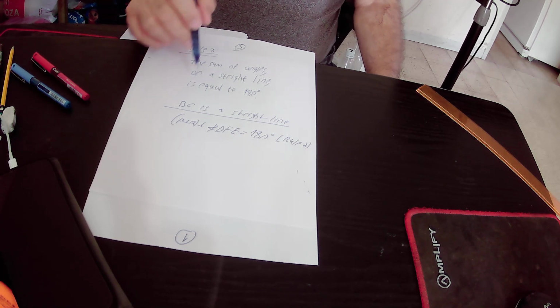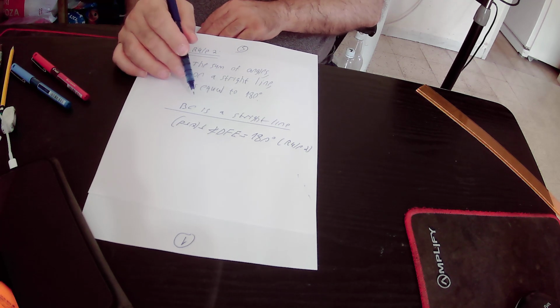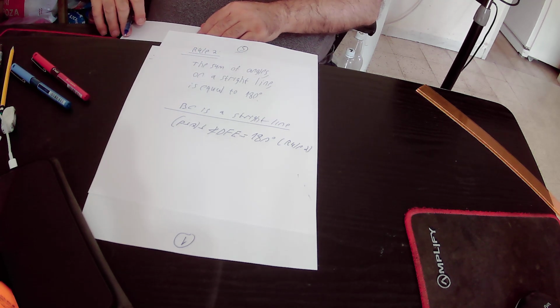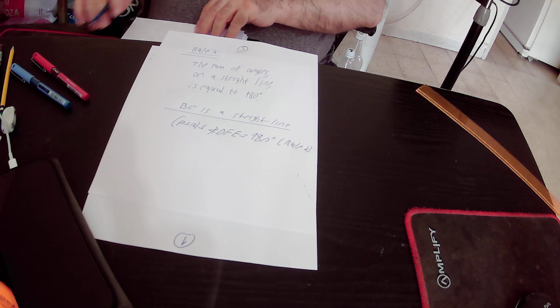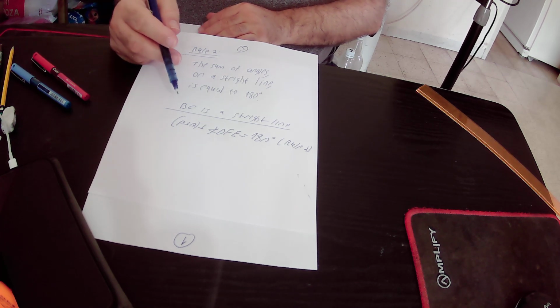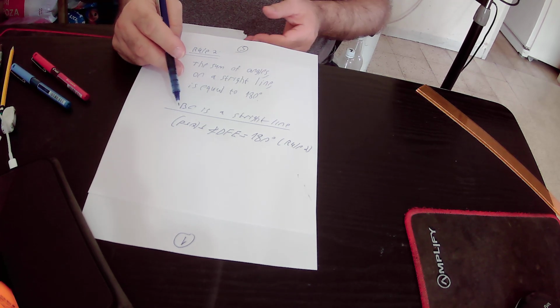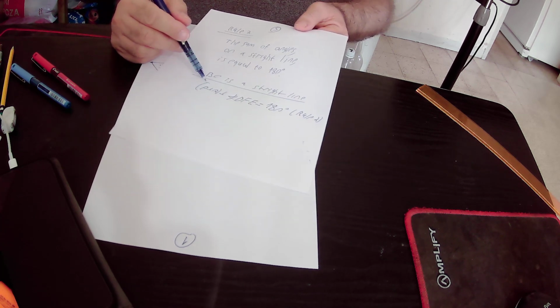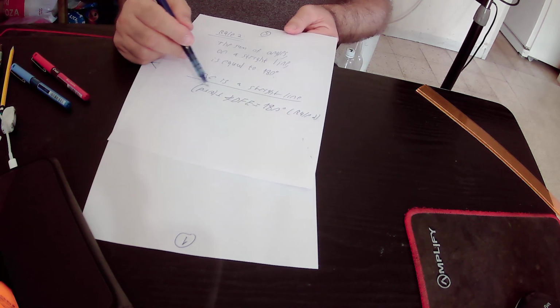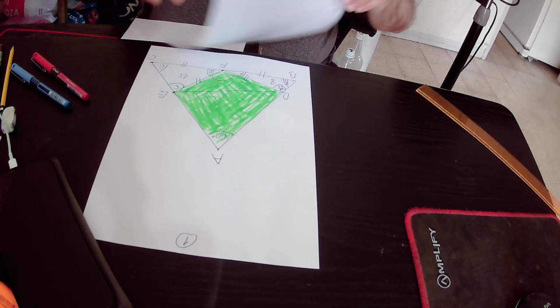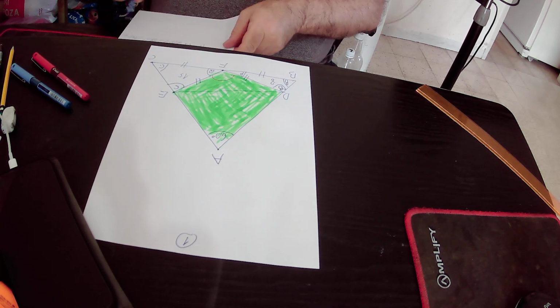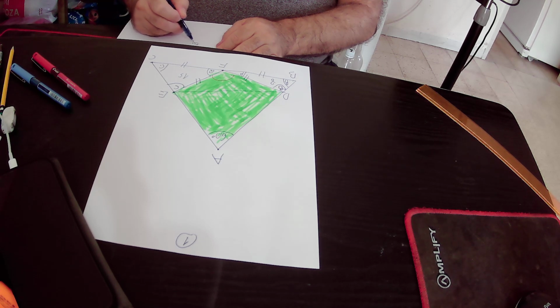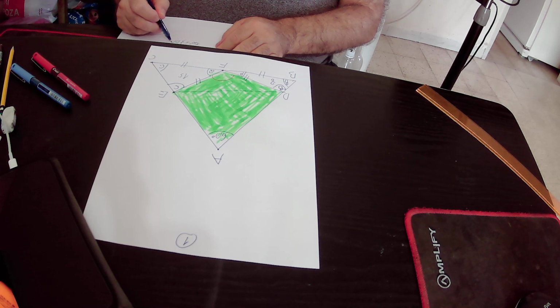But we have already found out that P plus Q equals 120 degrees, so we can substitute P plus Q by 120 degrees. We will get that 120 degrees plus angle DFE equals 180 degrees.